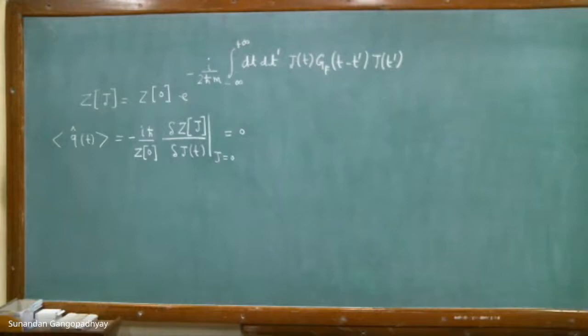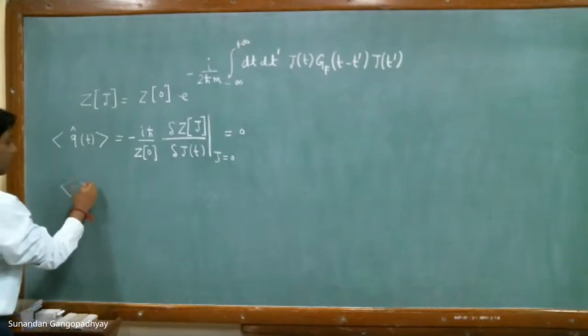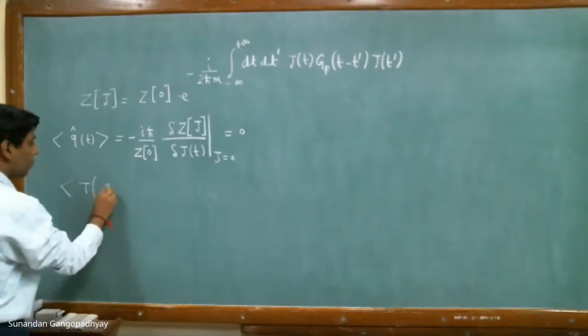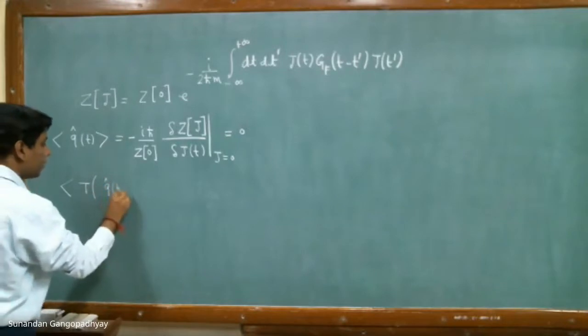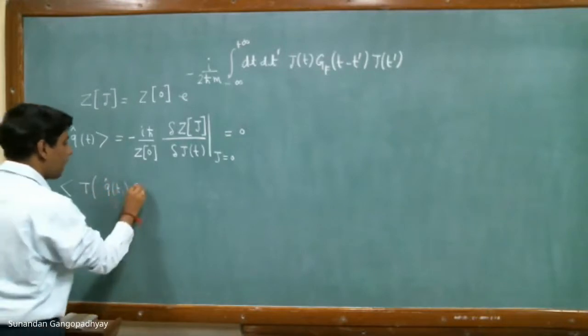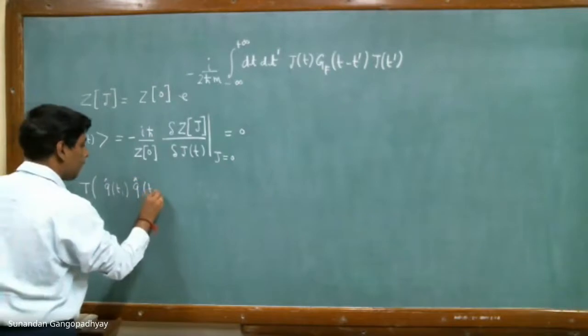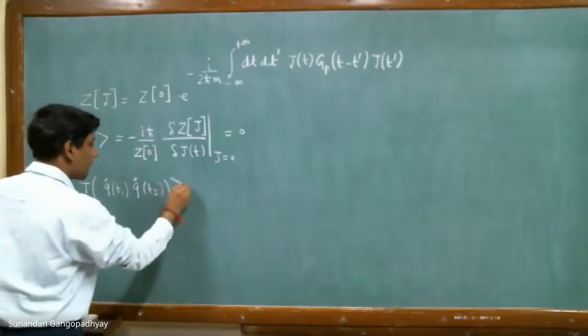And now today what we shall do is compute the two-point function, which is basically the time-ordered product of Q hat of t1, Q hat of t2.